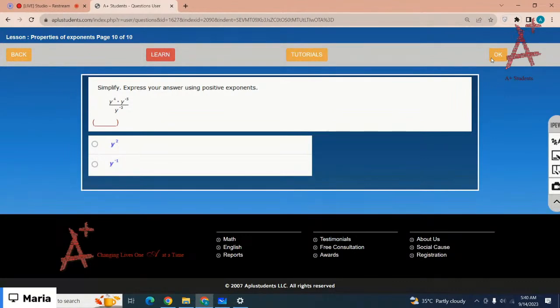Simplify. How do you simplify? For the numerator, y exponent 4 and y exponent negative 5 are multiplying, right? You have to apply the product rule over here.